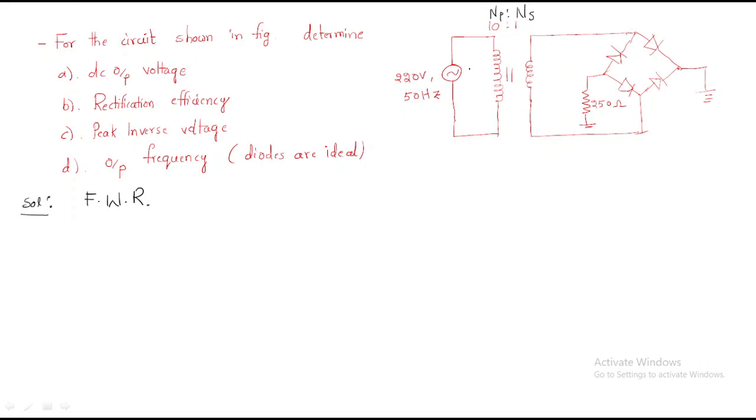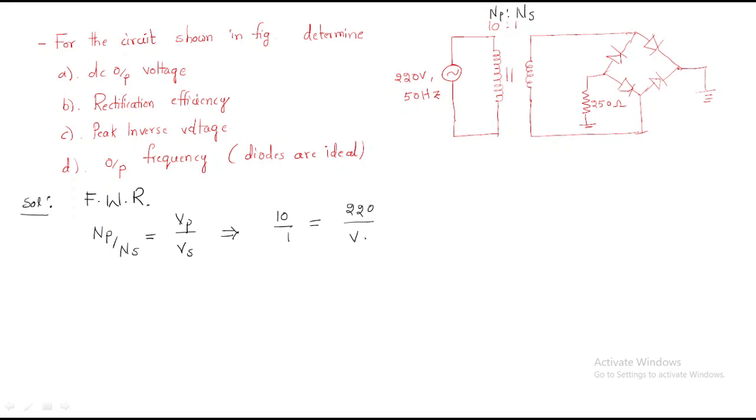But we don't know how much voltage is entering this diode circuit. But we have a formula: primary turns by secondary turns equals primary voltage by secondary voltage. So primary turns by secondary turns equals 10 by 1, which equals the primary voltage, 220, by the secondary voltage.